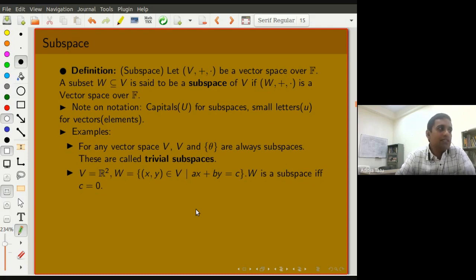Since we had not defined subspaces, he couldn't put it that way. But a subspace is nothing but a subset of a vector space which itself should be a vector space. That is why he put it that way. Is that clear?